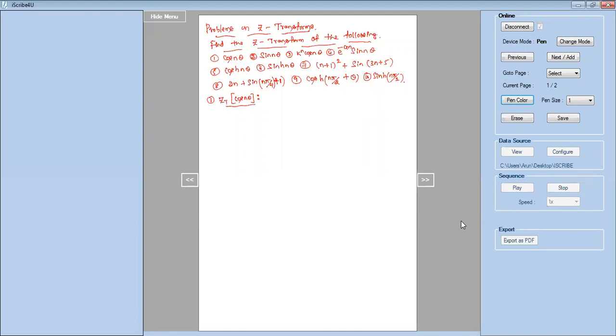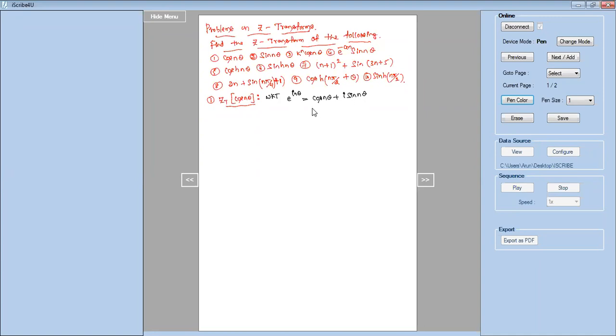So here we know that there is a formula, e power I into n theta is nothing but cos n theta plus I into sin n theta, correct? So this is the formula we know, e power I n theta is cos n theta plus I sin n theta, right?